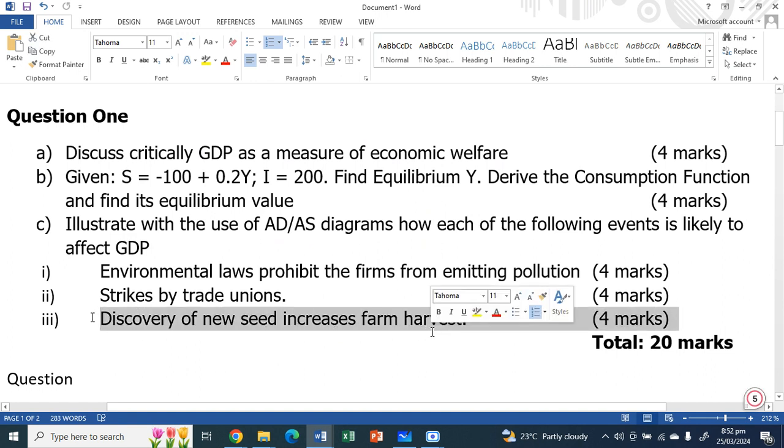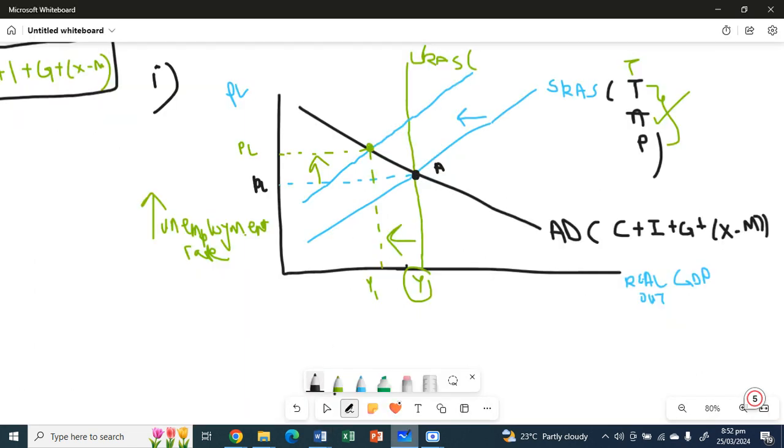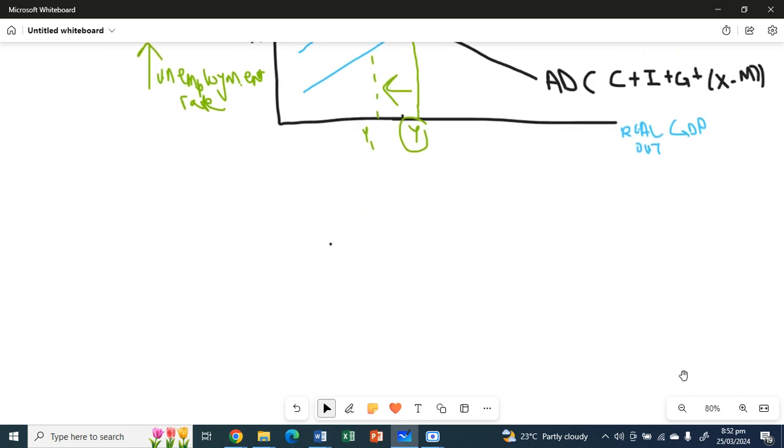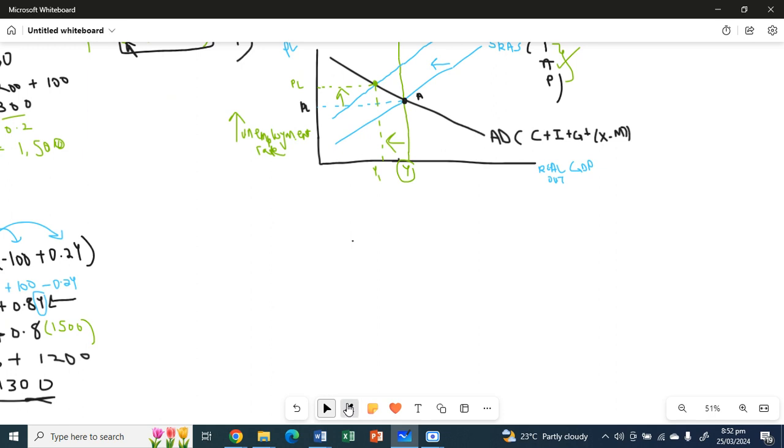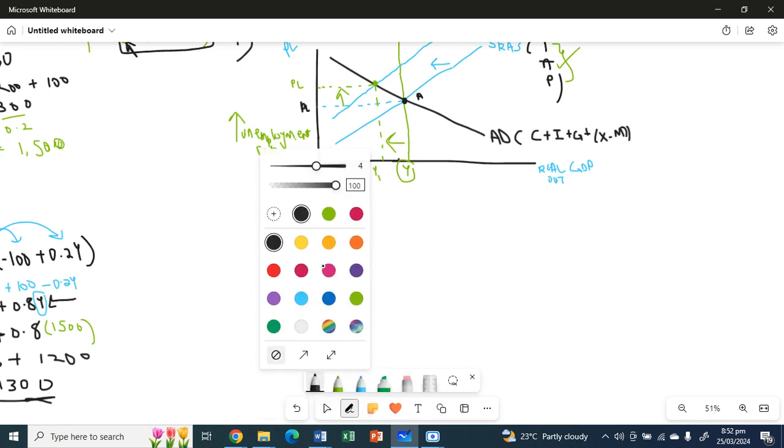Part three, discovery of a new seed that increases farm harvest. So this new seed, when you plant it, your harvest, let's say, doubles. And if your harvest doubles, it means you're able to supply more.